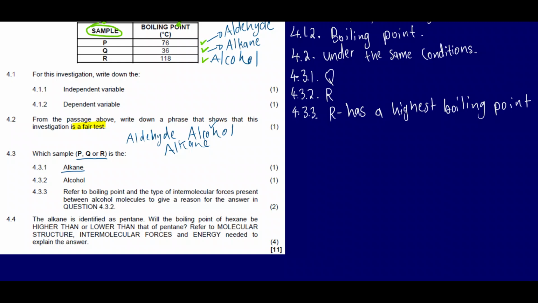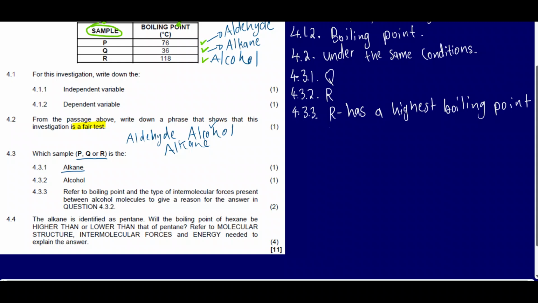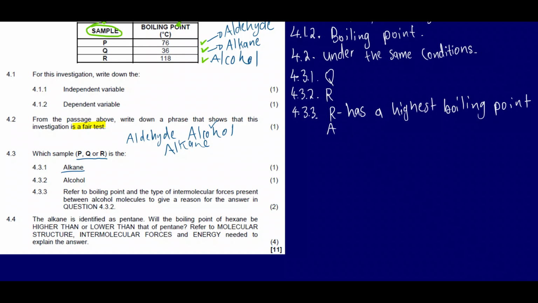Because remember, since R has the highest boiling point, we are looking at the strength of the intermolecular forces, because compound R is an alcohol.